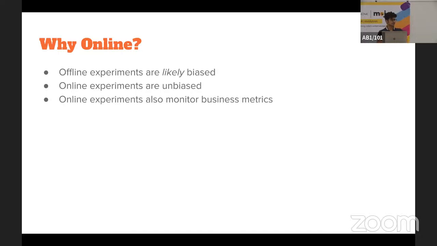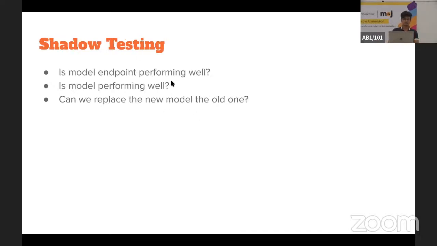Otherwise, they'll say that you're just showing me the far away restaurants, right? In online experiments, we see how much it's going to impact in that direction, and then we decide whether we should deploy this model or not. So it's not always necessary that whatever you create offline should be deployed online because it might have some adverse effects on other business metrics, which could be revenue as well, right? So yeah, why online?